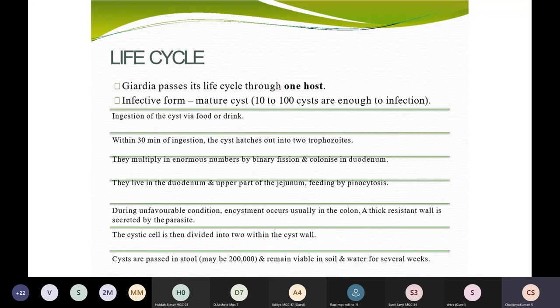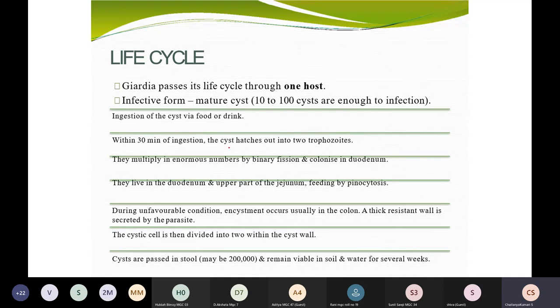It is transmitted by the ingestion of contaminated food or drink, or if a contaminated hand is kept inside the mouth, like children: if contaminated soil is stuck to their hands and they put their hands into the mouth, that may also cause the infection. Within 30 minutes of ingestion, the cyst will be converted into two trophozoites.